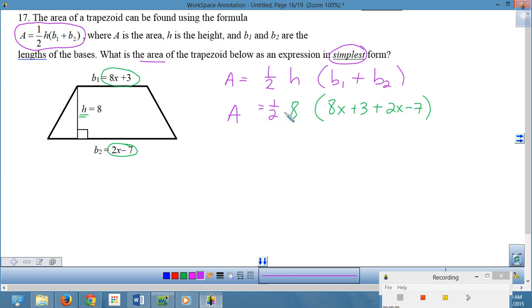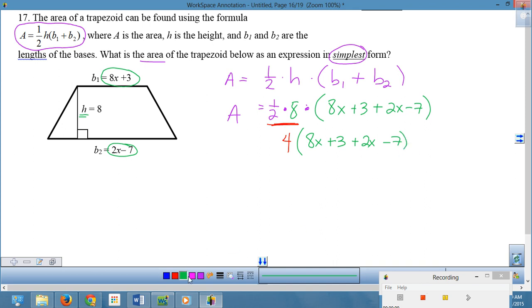Okay, and remember this was multiplying right here and right here, so we just make sure we multiply. So let's go ahead and multiply these two together. What's half of 8? Easy, that's 4. Okay, bring down 8x plus 3 plus 2x minus 7.